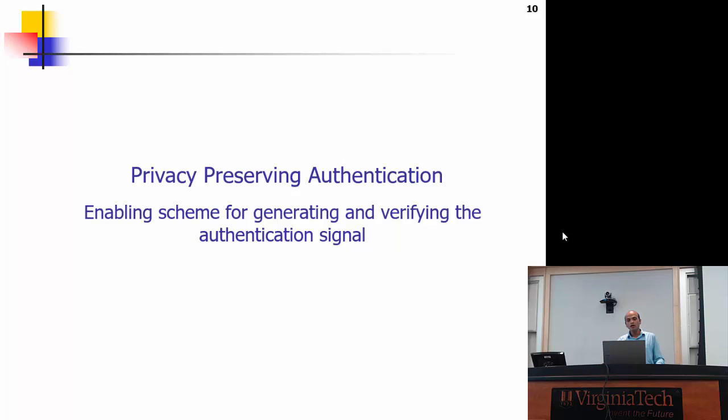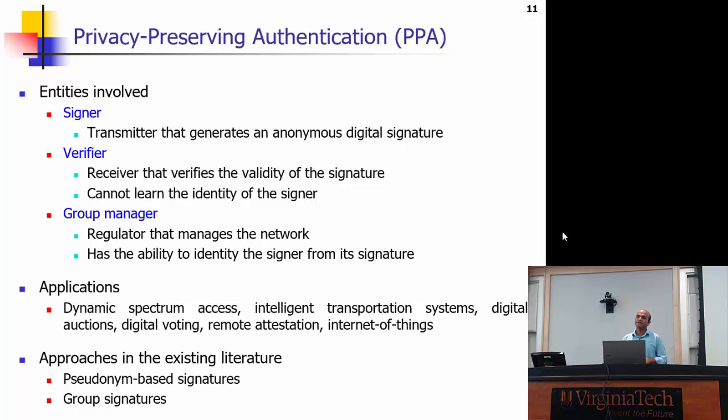So now I'm going to the more interesting part, which is the privacy preserving part of this whole problem. Now, in a privacy preserving setup, you have 3 entities. First is the signer, who is the transmitter which wants to generate an anonymous digital signature.